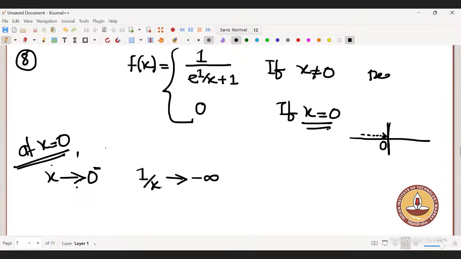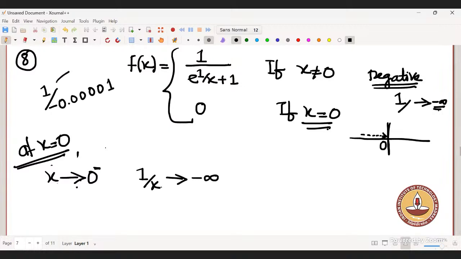If you have a very small negative number, 1 by that number, like 1 by minus 0.000001, is a large negative number. So 1 by x will go towards minus infinity.